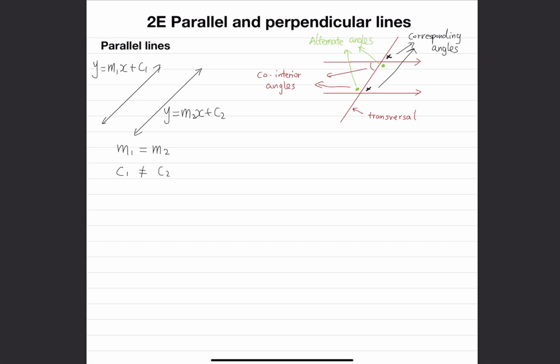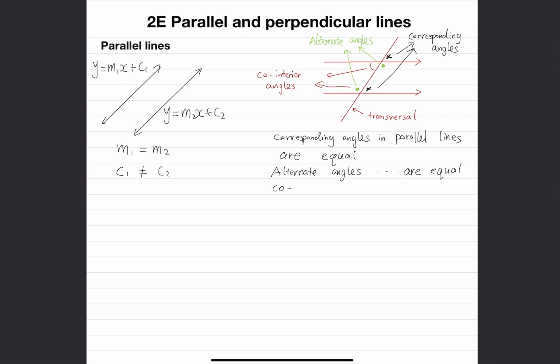Now we know that corresponding angles in parallel lines are equal, so equal in size. Alternate angles in parallel lines are also equal.